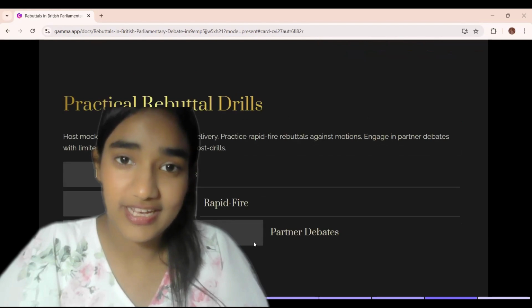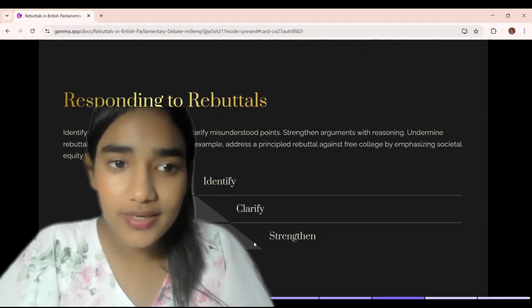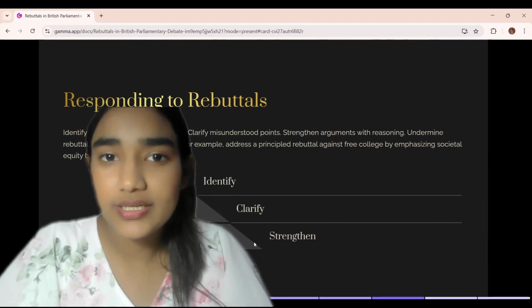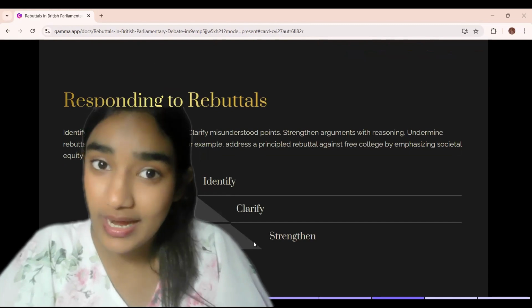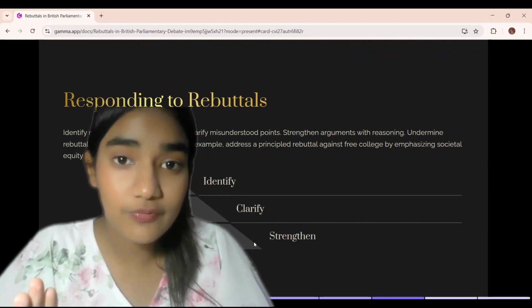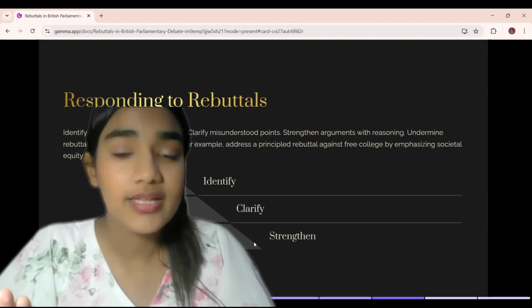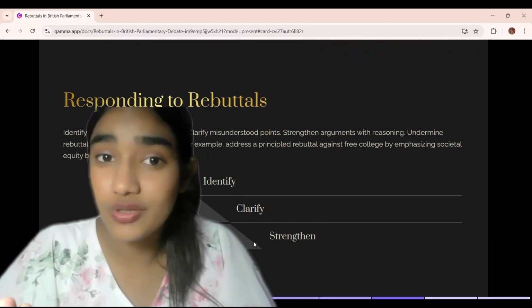Oh, sorry, for the next slide. Yeah, responding to rebuttal. When an opponent gives you a rebuttal, how do you accept that and respond to it? Because that is something you must do. If you leave your rebuttals unanswered, it will give the judge a clear signal that you don't have an answer for that rebuttal.